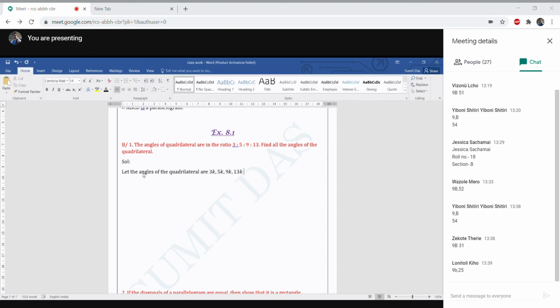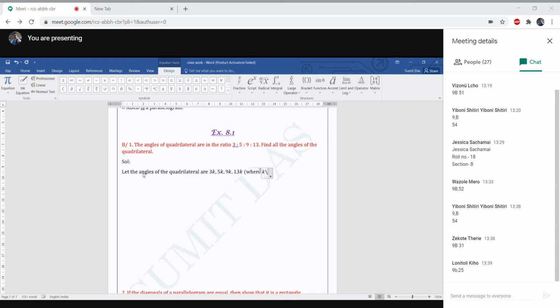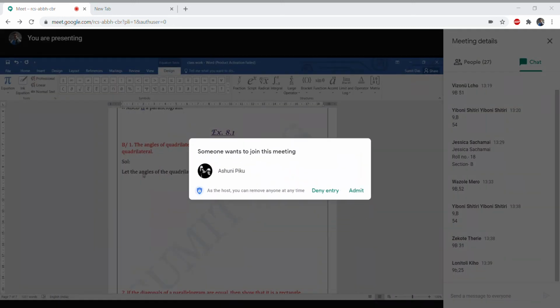You have to write in brackets, where k not equal to 0, just for mention.